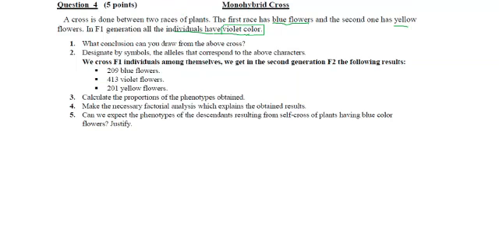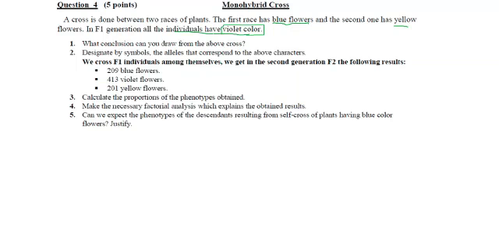As a conclusion, we can say that this case is incomplete dominance. Why incomplete dominance? Because the blue cannot appear completely in the phenotype of the children and the yellow cannot appear completely either. So we have in this case incomplete dominance.